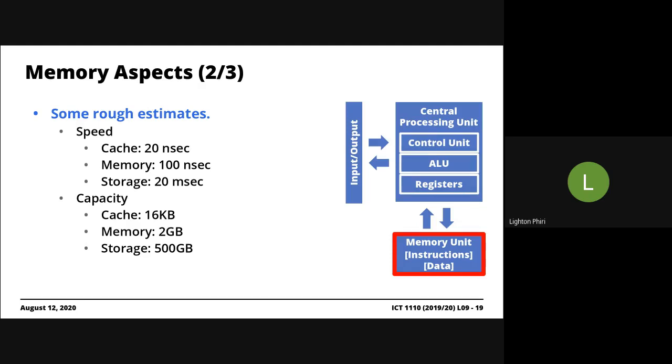The speed or the technology that is used to implement the memory components that you find on the CPU chip will result in a much faster memory component in comparison to a memory component that is further away from the CPU. So registers are obviously much faster than cache, or CPU cache. Cache would be much faster than RAM. RAM would be much faster than secondary storage. For the most part, it's not always the case, but for the most part.